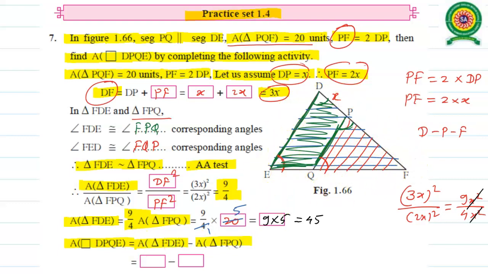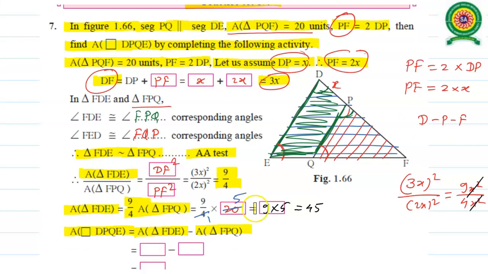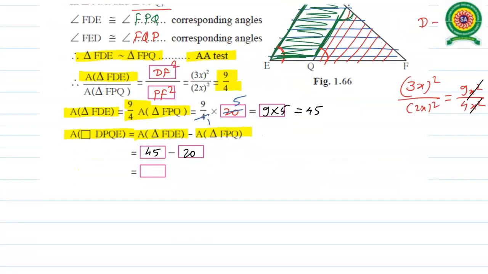So area of triangle FDE equals 45, and area of PQF equals 20. So 45 minus 20, we are getting 25. So the area of quadrilateral DPQE equals 25 square units. Thank you.